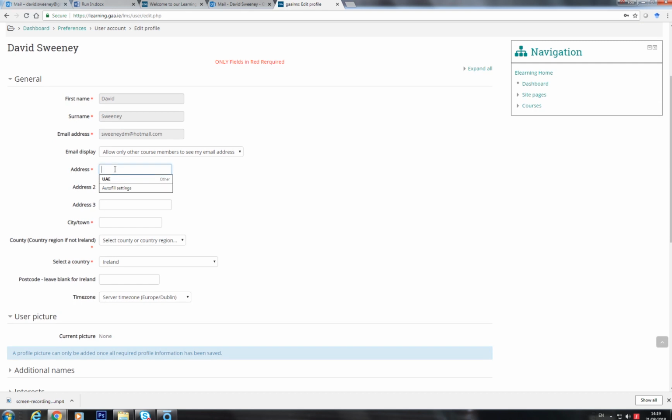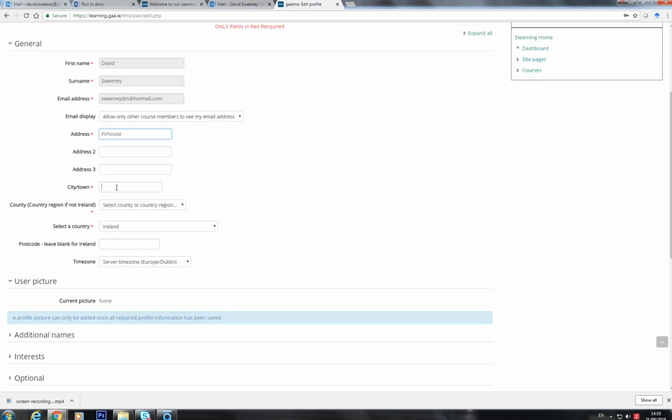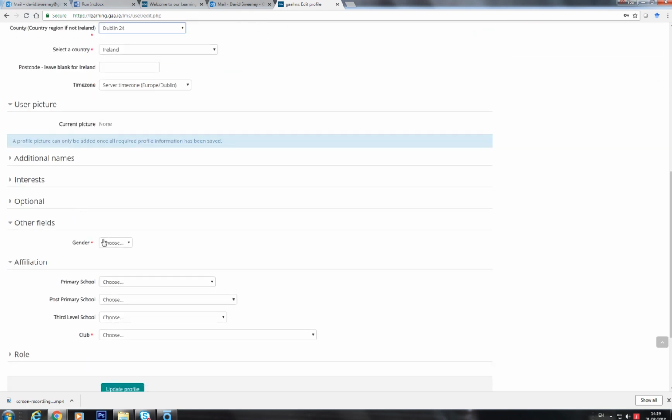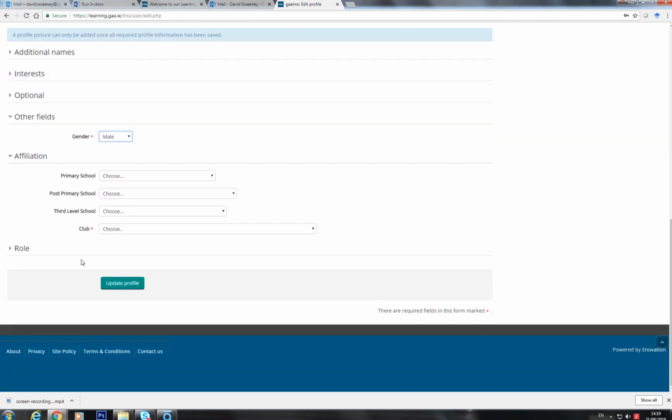So under affiliation, the user can choose a club or a school. The club is the only field that's highlighted with the red asterisk.